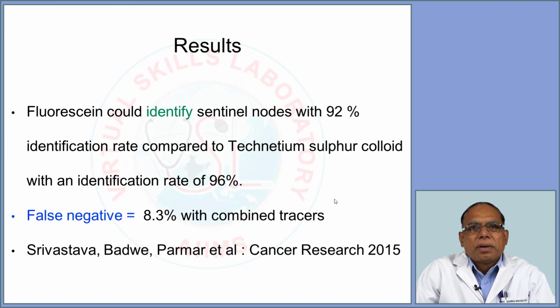We obtained acceptable identification of lymph nodes with fluorescein in 92% of patients as opposed to identification with technetium sulfur colloid in 96% of patients. We achieved a false negative rate of 8.3% when we used a combination of the tracers. This result was presented in the San Antonio Breast Cancer Symposium.